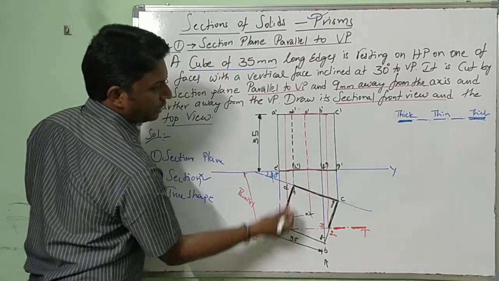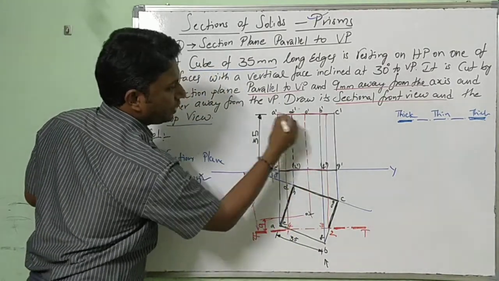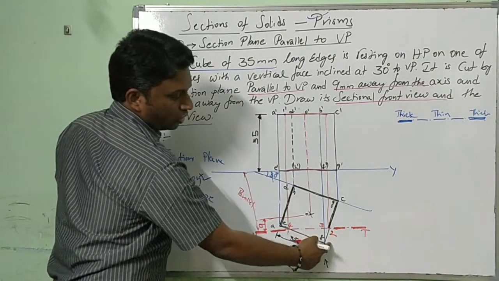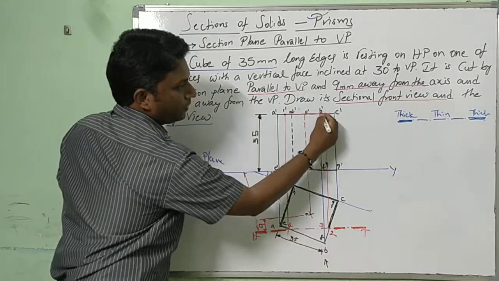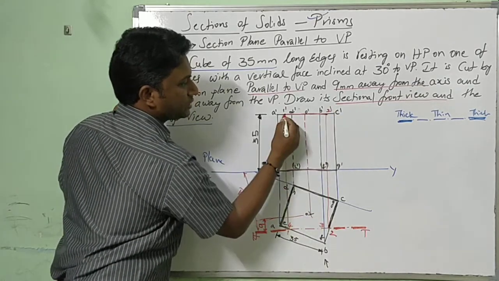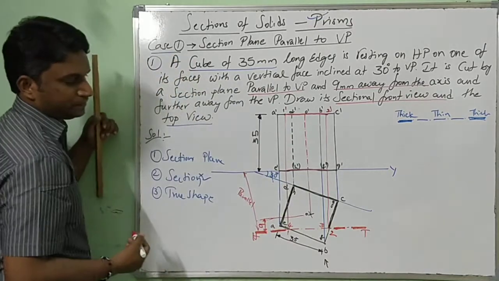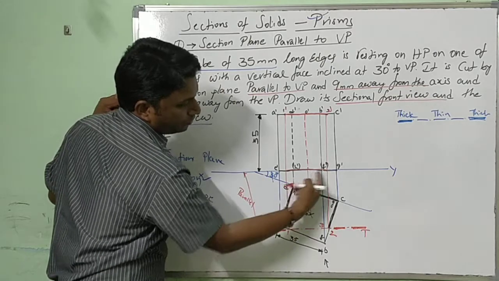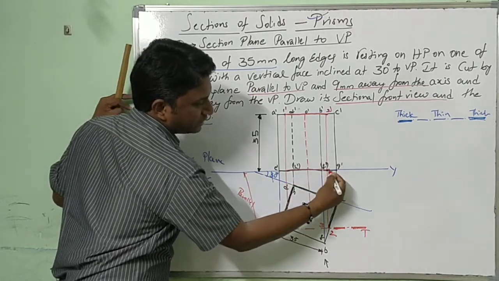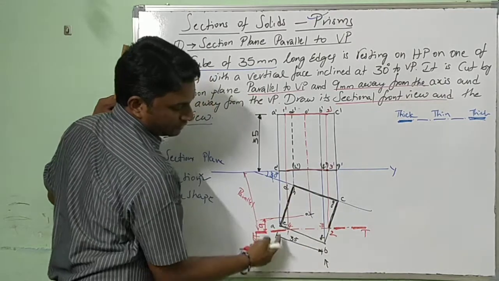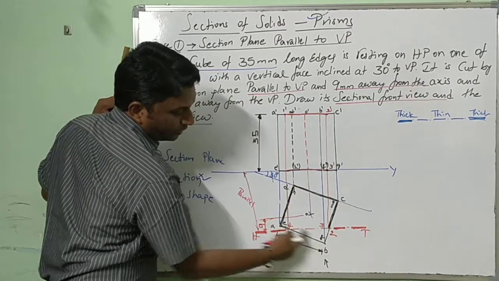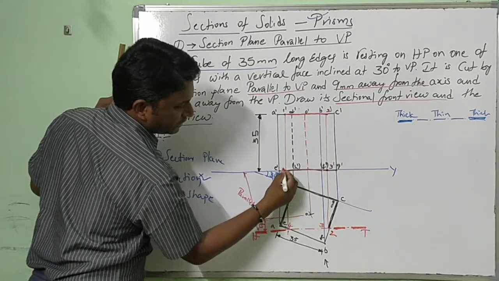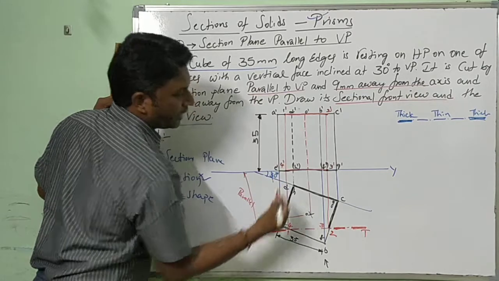What forms actually here? 1 is at AB. From here A dash, B dash, these points become 1 dash. 2 at BC, B dash, C dash becomes 2 dash. 3 is at FG, bottom, base, F dash, G dash, this is 3 dash. 4 is at FE, E dash, F dash, here it is the intersection, which is nothing but 4 dash.